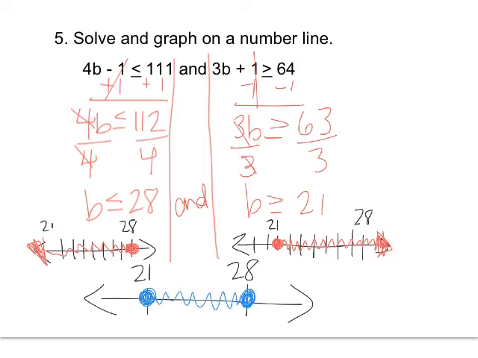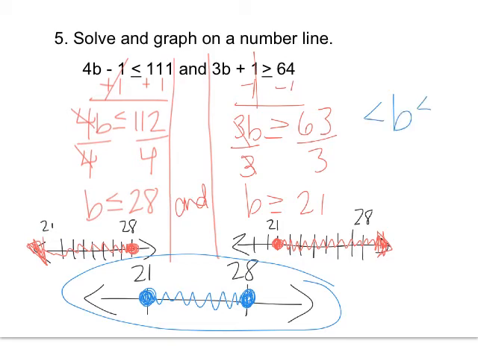So there is my overall graphical solution, and I could write the overall solution algebraically this way. It includes all numbers that fall in between 21 and 28 inclusive. One thing to notice is that I put the least number, the smallest number, on the left here and the greatest number on the right. Pause, try number 5 on your paper.